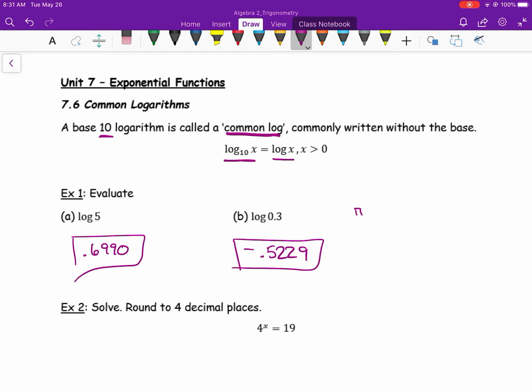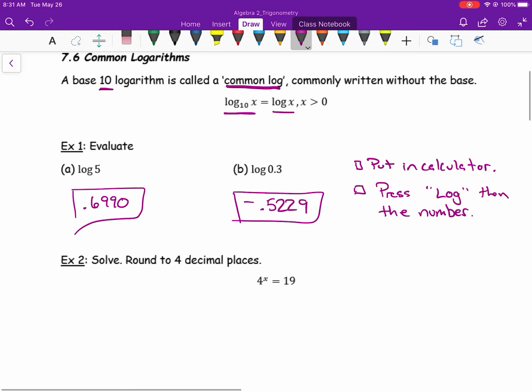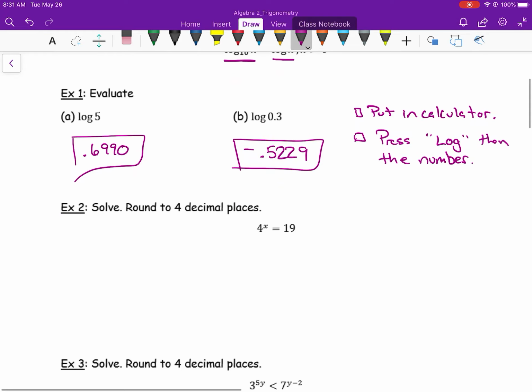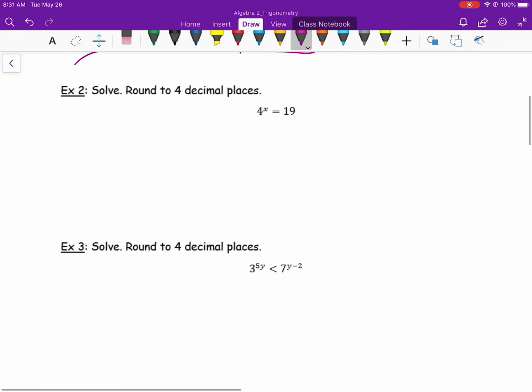You just press the log button, then the number. In the past you usually had to reference a table in your textbook, but I love technology. Now we're going to get those problems where I made a whiff and I scheduled that Delta Math stuff.